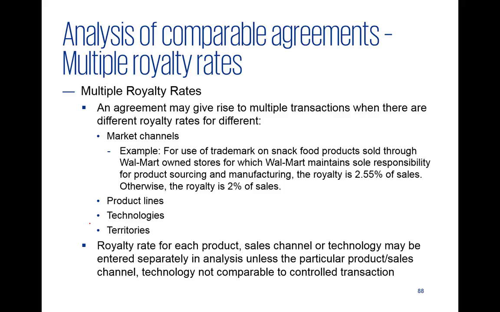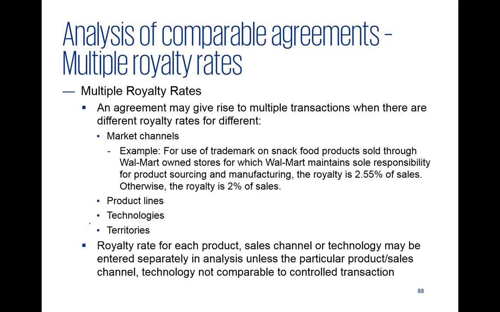Now, that's fine. It's important to understand that when you read through. When it comes down to coming up with your comparable set, each individual royalty rate for each product or sales channel or technology may be entered separately in the analysis. You can see that as a separate transaction, so long as it's comparable.